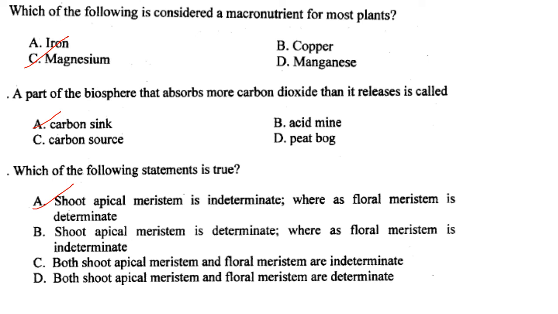So the shoot apical meristem is indeterminate whereas the floral meristem is determinate, because the floral meristem has been designed for a specific end goal, that is the production of flowers. With that the meristem will stop dividing once the flowers are formed. So the shoot apical meristem is indeterminate, it gives rise to leaves and flowers, and the floral meristem is determinate. So the answer is option A.